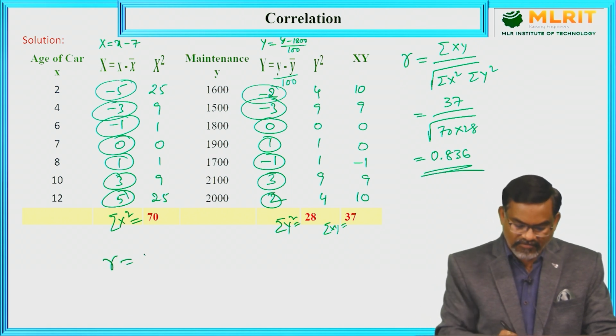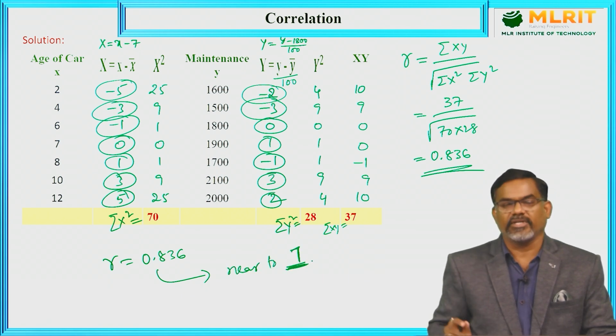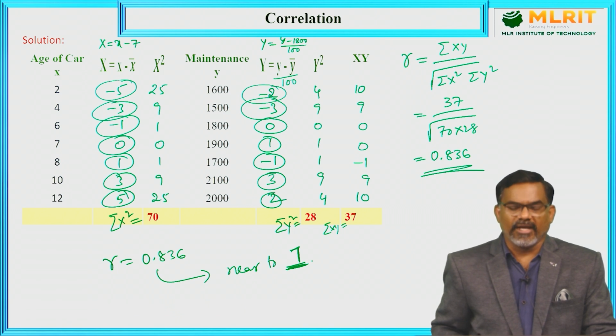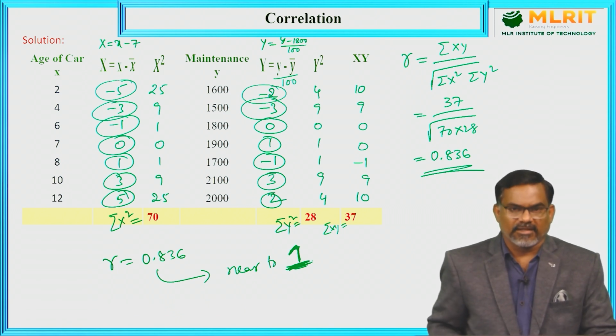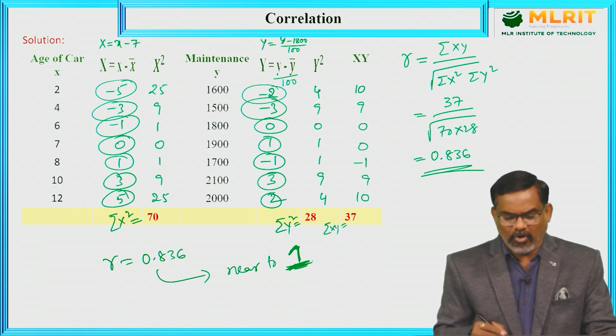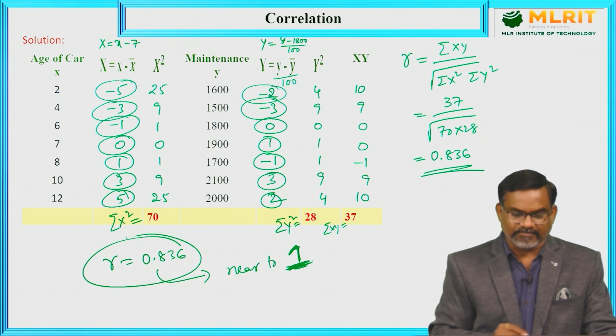So the R value is 0.836, which is near to 1. That means there is a high degree of positive correlation between the two variables, which we can conclude using this value of R.